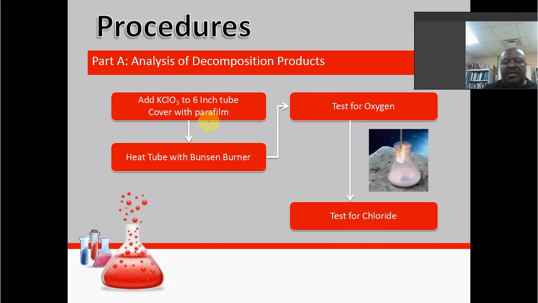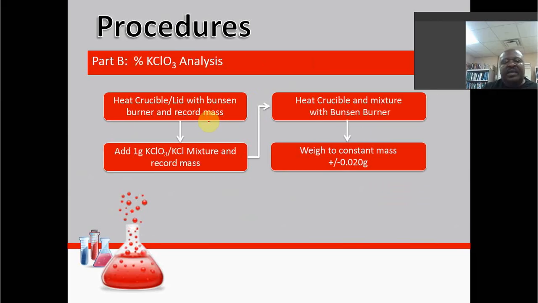And then we're ready for the heating. This is a strong heating. Essentially, after we get the crucible ready and cleaned, we'll record the mass of the crucible and lid alone, and then add about 1 gram of the mixture and record the mass.